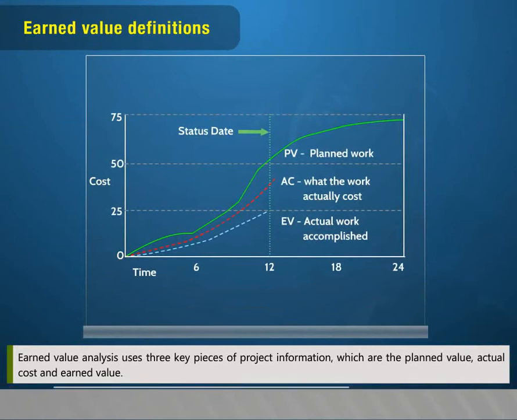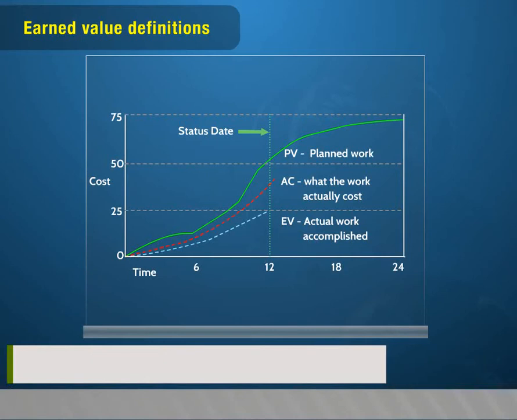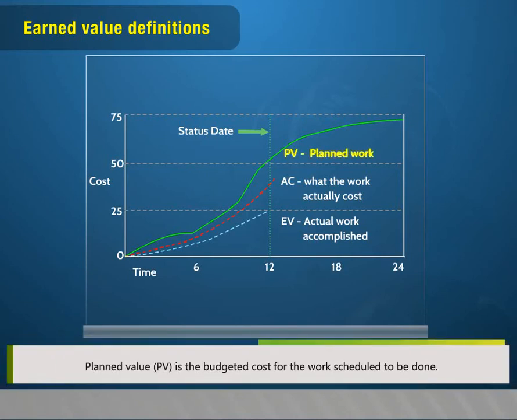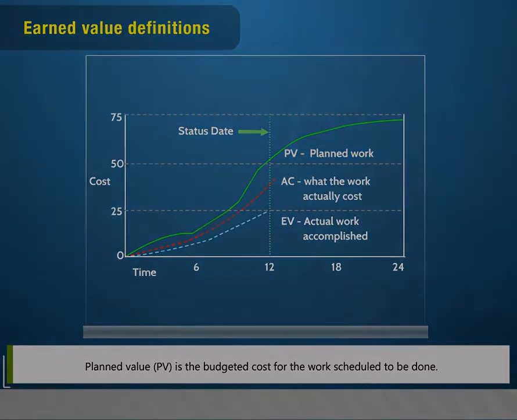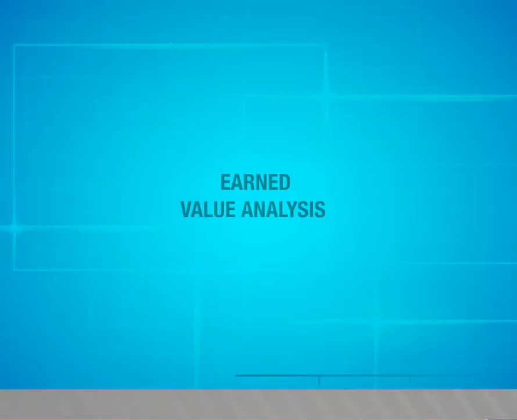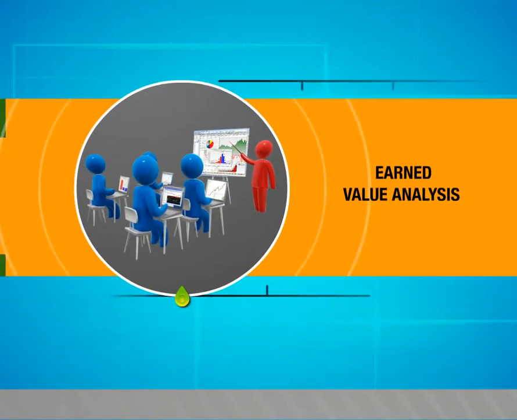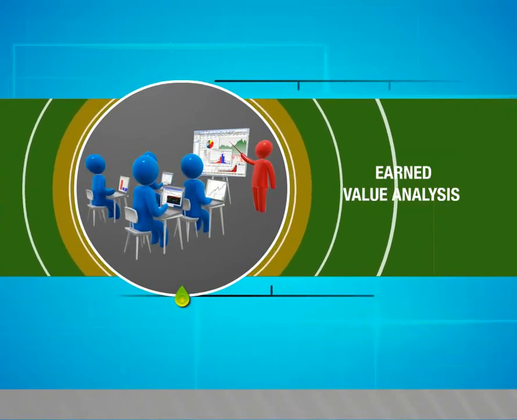This is also known as the budgeted cost of work performed, that is BCWP. EV is calculated by multiplying the budget for an activity by the percent progress for that activity. EV is equal to percentage complete times budget.